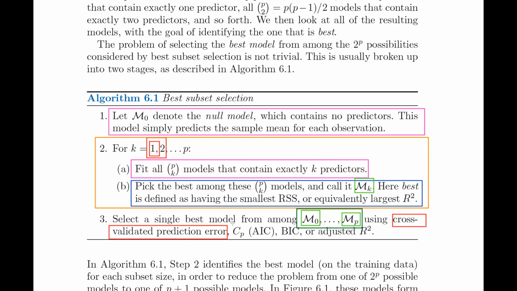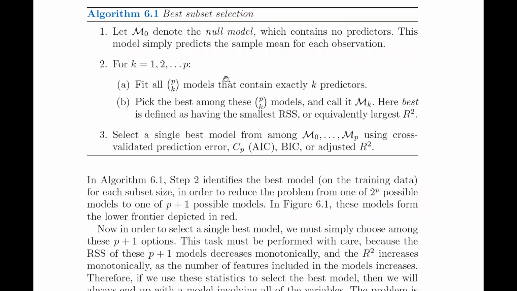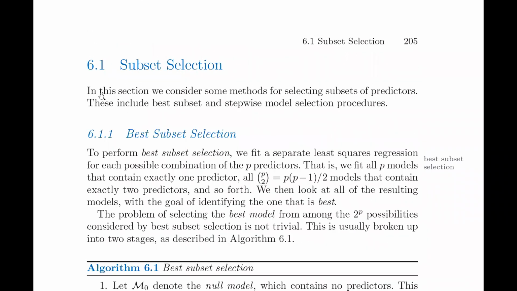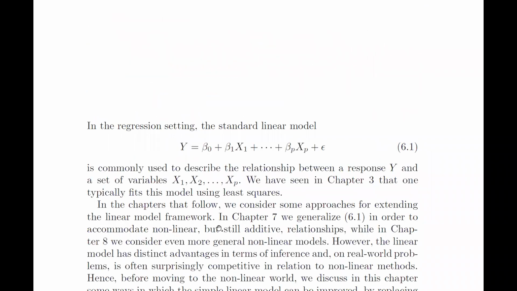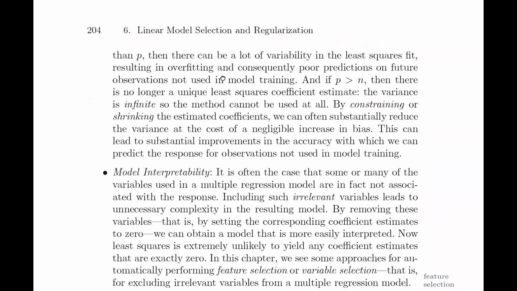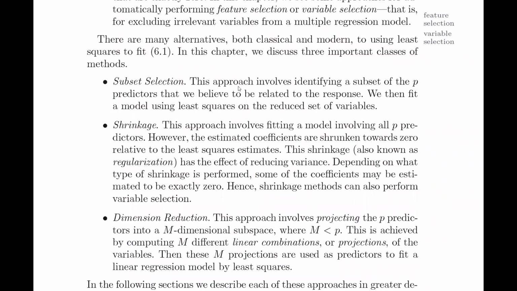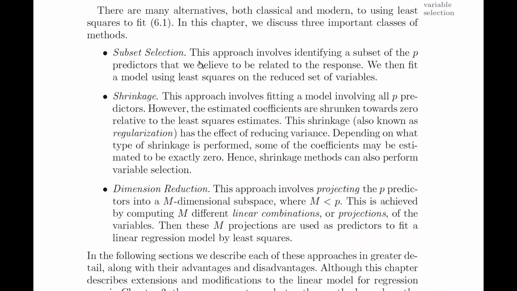But there is the Akaike information criterion. There's the Bayesian one. And there's also adjusted R-squared. So this is best subset selection. It is a type of subset selection. In this chapter, I seem to remember there are 3 types of distinguishing or comparing models. We've started subset selection.